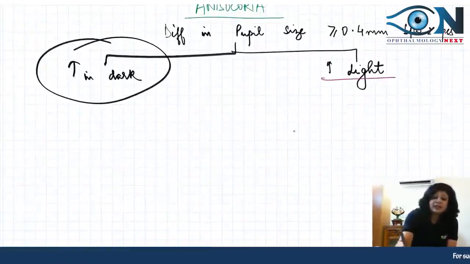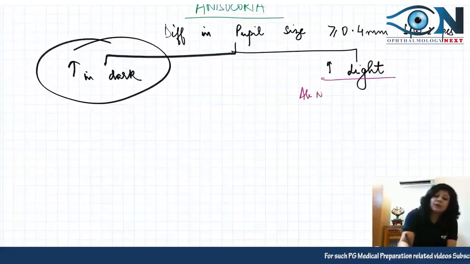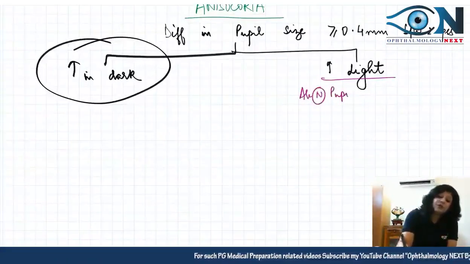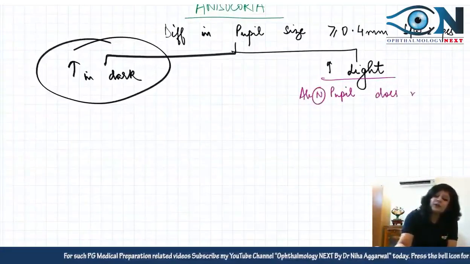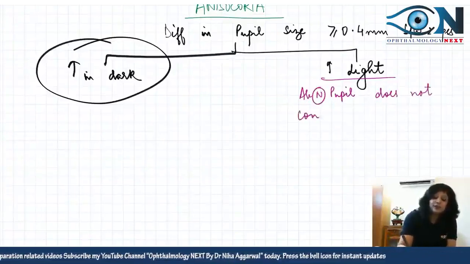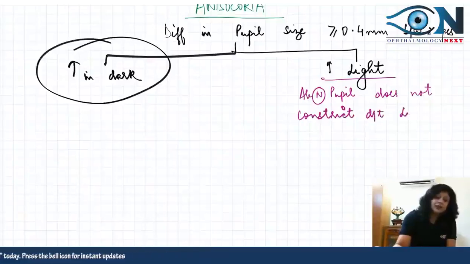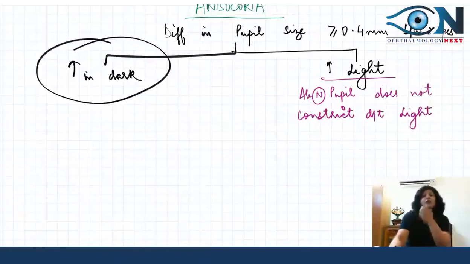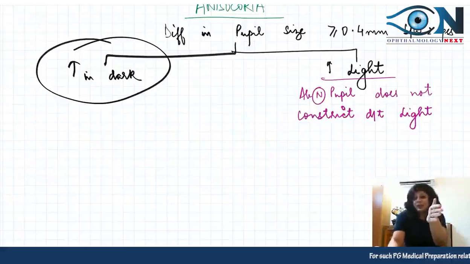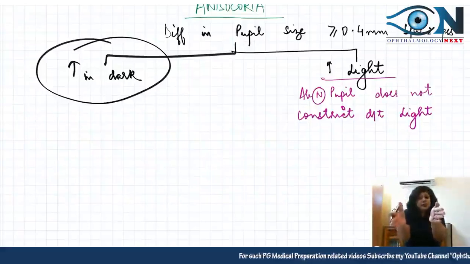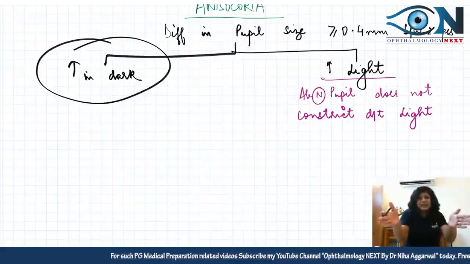So this means that your abnormal pupil does not constrict due to the light. If this anisocoria is increasing under the light conditions, that means the normal pupil is showing the light reflex when the light is shown to it, but the abnormal pupil is not showing. That is why there is increase in the anisocoria.